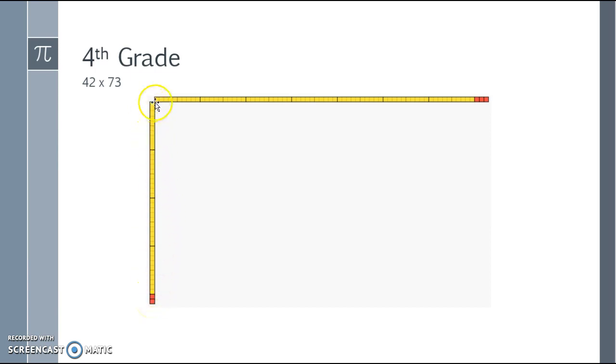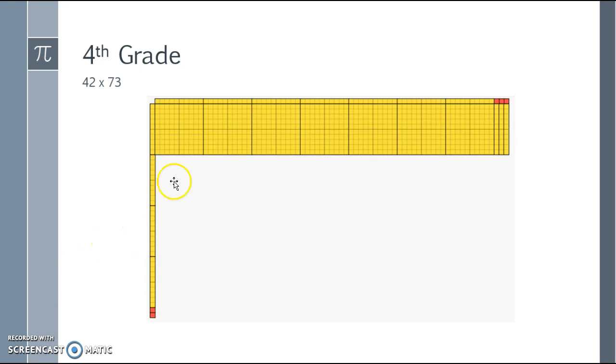And along the top, I have 10, 20, 30, 40, 50, 60, 73. And notice that they're not lined up perfectly here. But what I want to do is fill in the rest of this area into a rectangle so that we can use an area model or an array model.